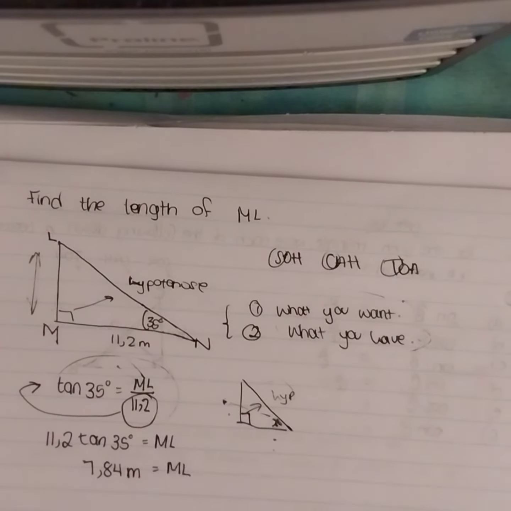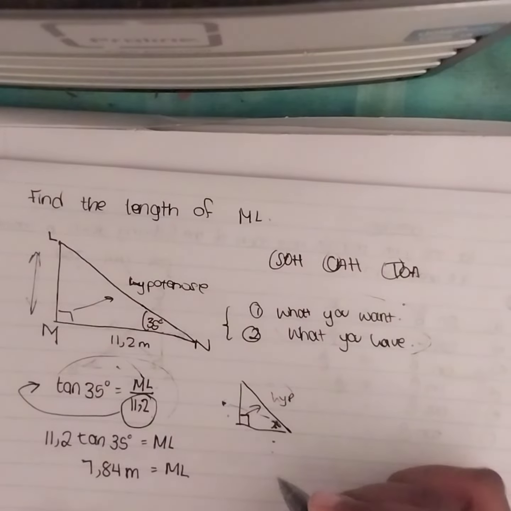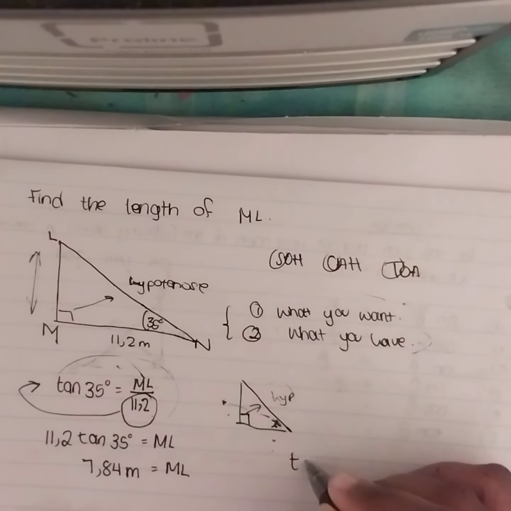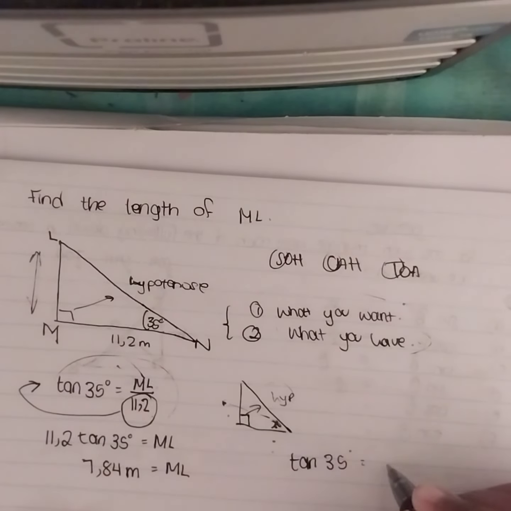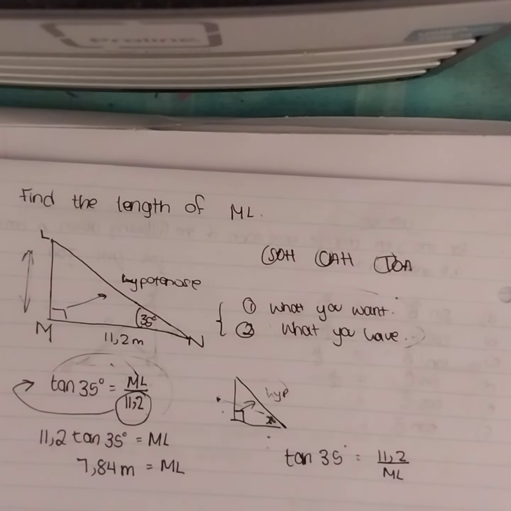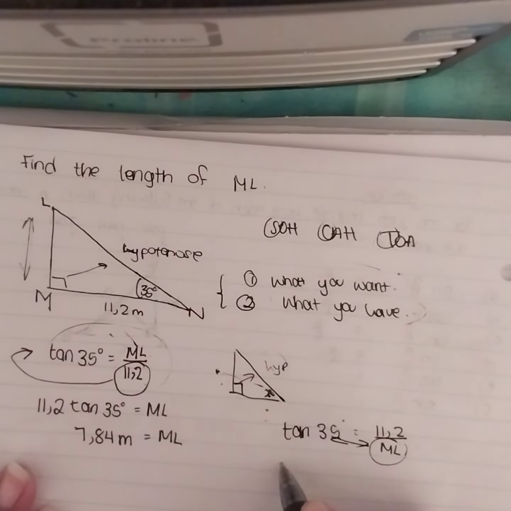Now I'm sure you're thinking, Miss KM, what if this is over that? Let me show you. The scenario where it's 11.2 over ML. What you do normally, this is a quick way, okay? What you do now is you take this and swap these two. You swap them, you do this, okay?